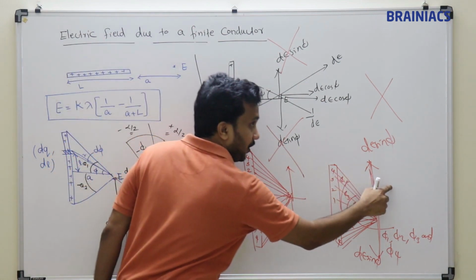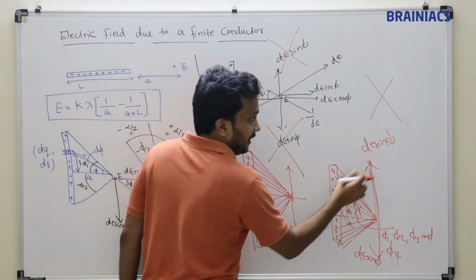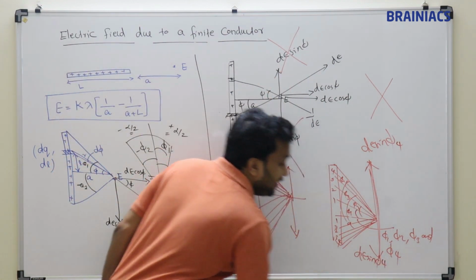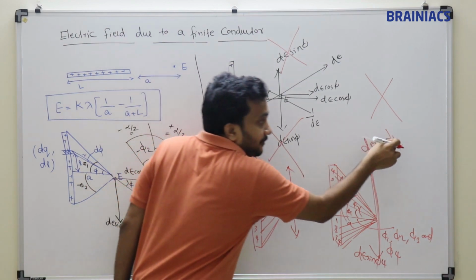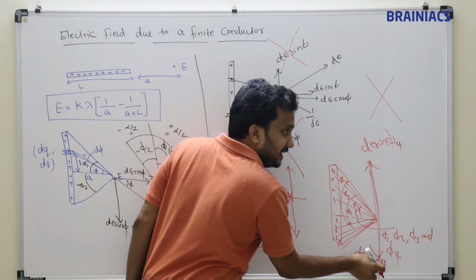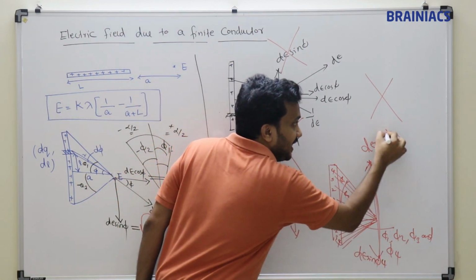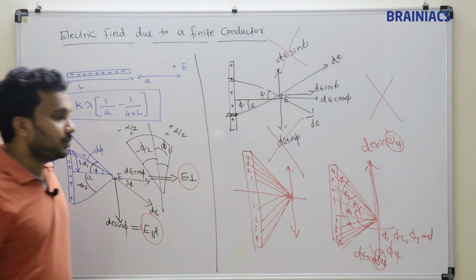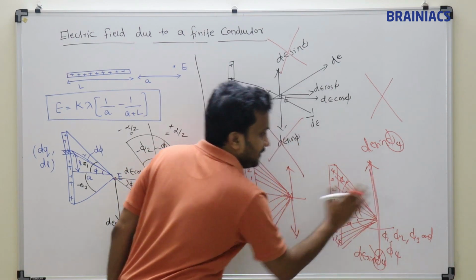Here magnitude wise they are not equal, because here you will get, for example, dE sin phi 4, and here also you will get dE sin phi 4. This dE sin phi 4 is not equal to this dE sin phi 4 because the phi angle here and here is different. So this will never cancel each other.